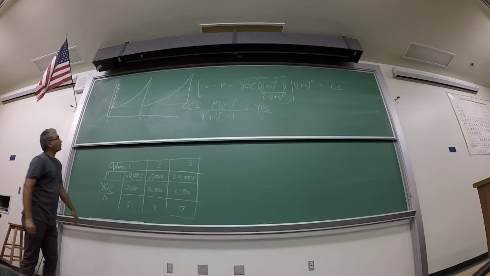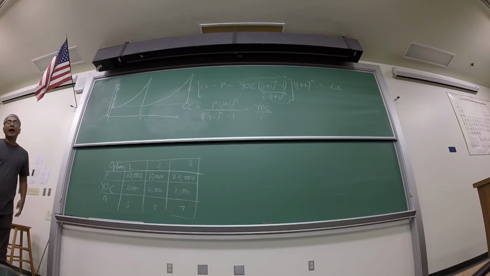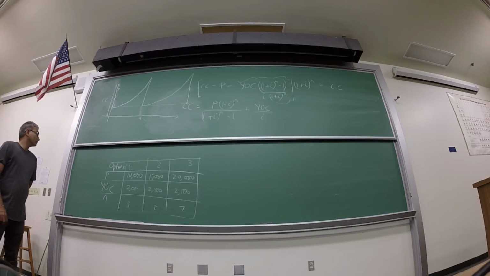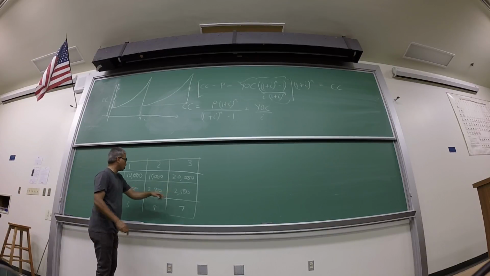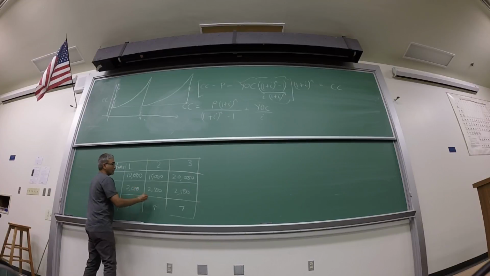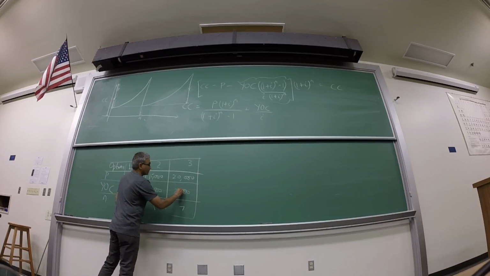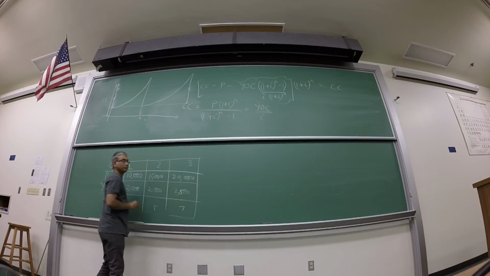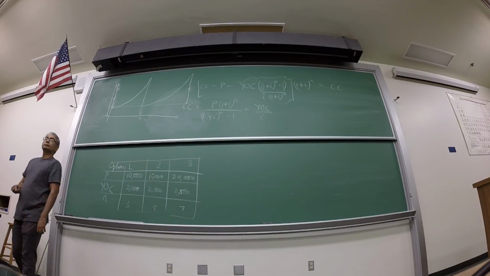So what's the capitalized cost for 1? And let's take i as always 10%. Can somebody calculate for me? What are the yearly costs? 2,000, 2,500, 2,500. About 60,000.